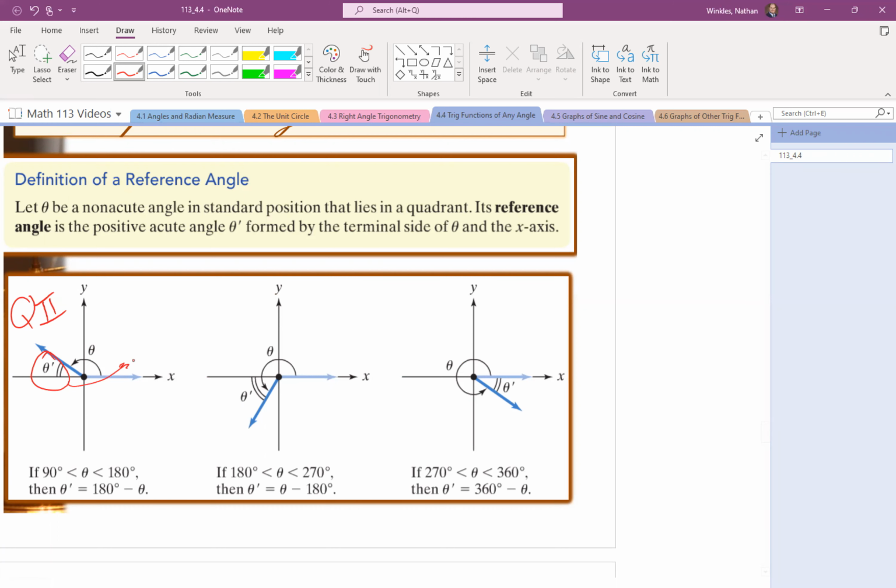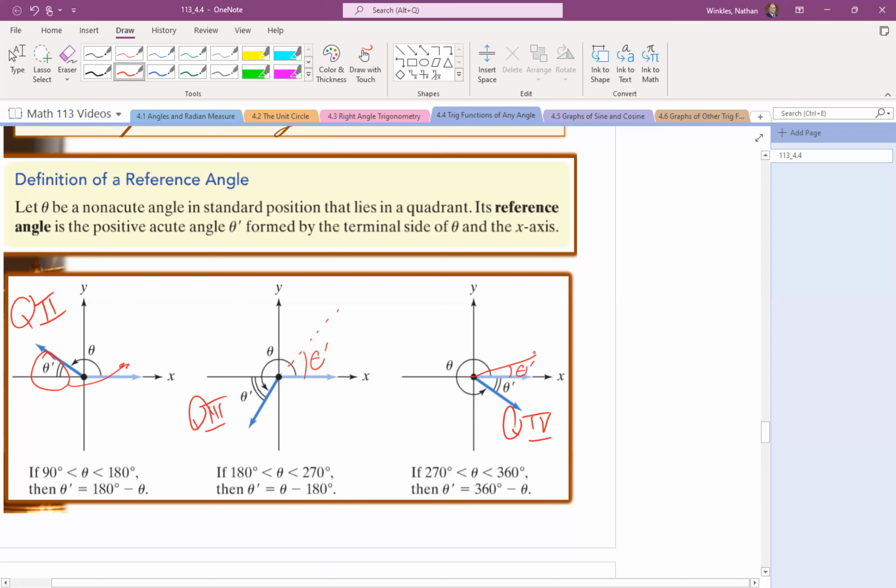Now, if theta is in the third quadrant, we take our angle theta and subtract 180 degrees, and that gives us this angle right here. Our last case is if we have an angle in quadrant 4. We're going to take 360 degrees minus theta, and that's going to give us a new theta prime that's in the first quadrant here.